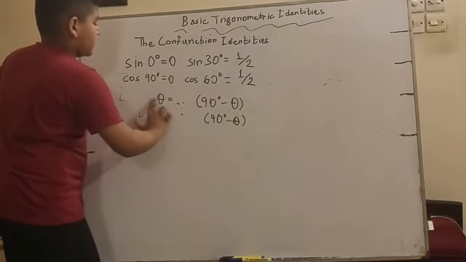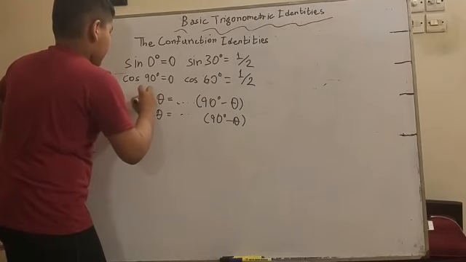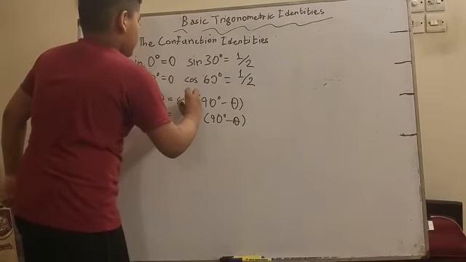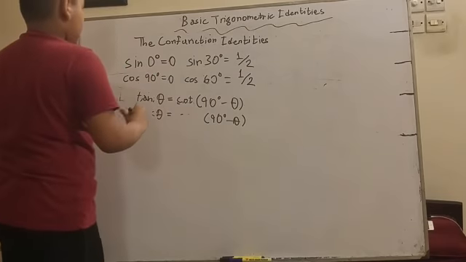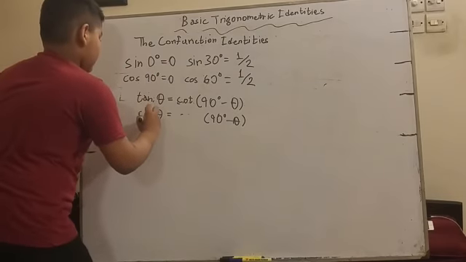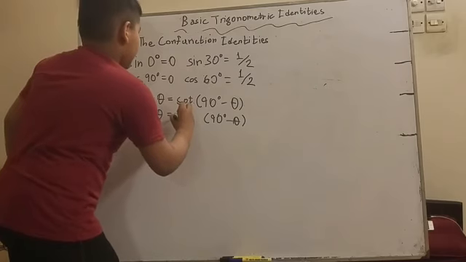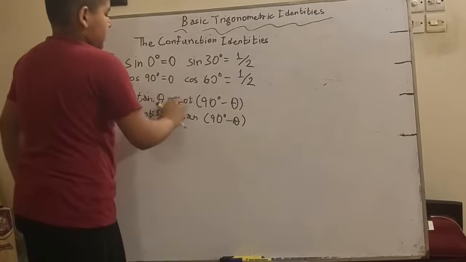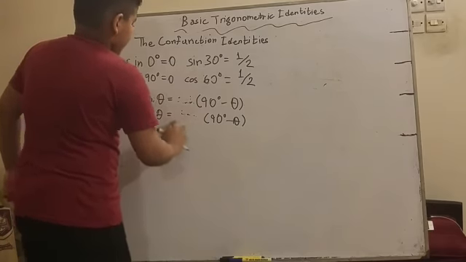And we can replace these functions, like tangent of theta would be cotangent of 90 degrees minus theta, and the cotangent of theta equals the tangent of 90 degrees minus theta, or we can do this to the secant.